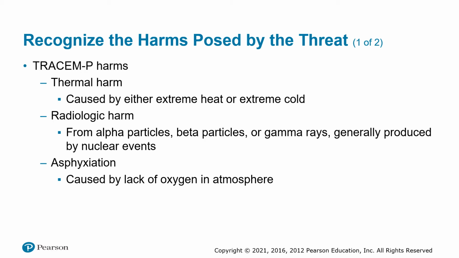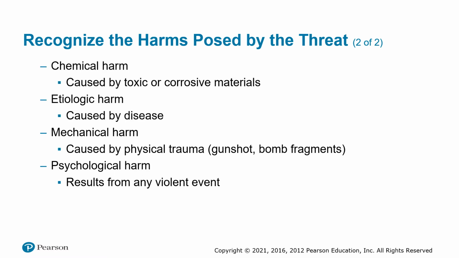Radiological harm would be from alpha particles, beta particles, and gamma rays, and these are generally produced by a nuclear event. Asphyxiation is caused by lack of oxygen in the atmosphere. Chemical harm is by toxic or corrosive materials. Etiological harm is caused by some type of disease. Mechanical harm is caused by physical trauma, gunshots, bomb fragments, something like that. And then psychological harm can result from any violent event.